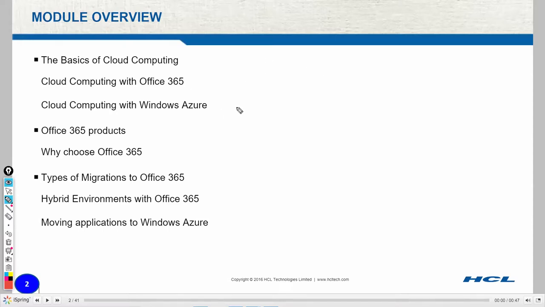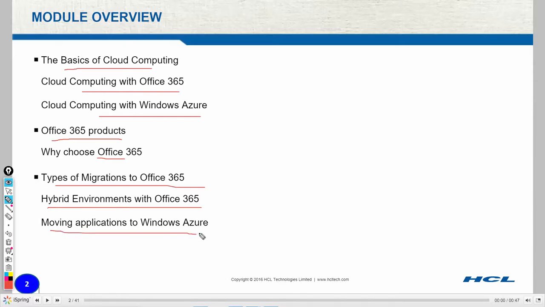So in this module we are going to study basics of cloud computing with Office 365 and cloud computing with Windows Azure. We'll see an overview of Office 365 products, why choose Office 365, types of migration to Office 365, hybrid environments with Office 365, moving applications to Windows Azure.